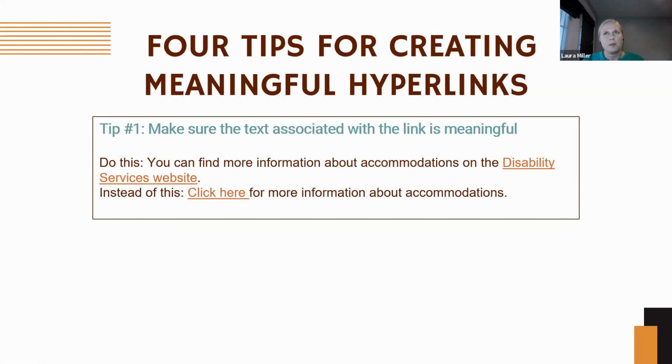So I have 4 tips. There are probably many more. The first one I have for creating links in your syllabus is make sure that the text is actually meaningful, okay? So rather than saying, click here for more information, you want to actually put a description as the link. A lot of people actually can't click here.